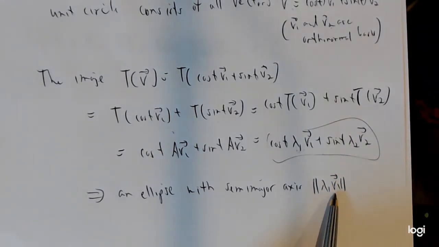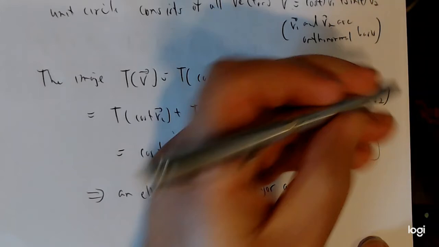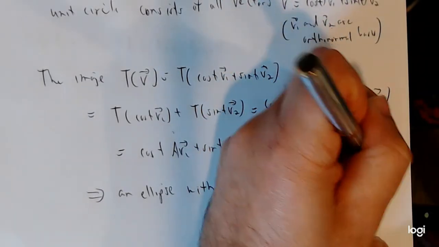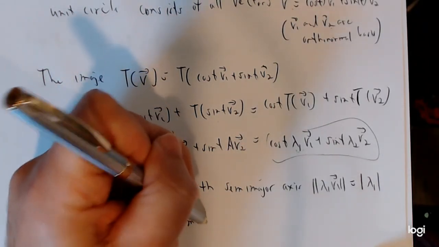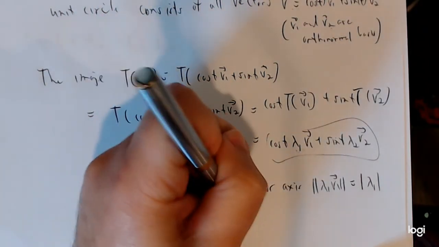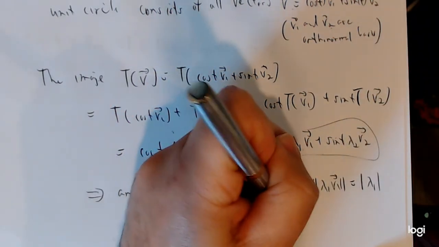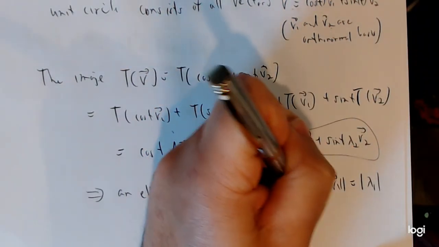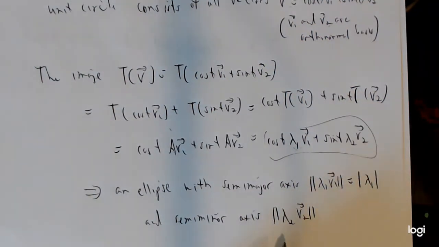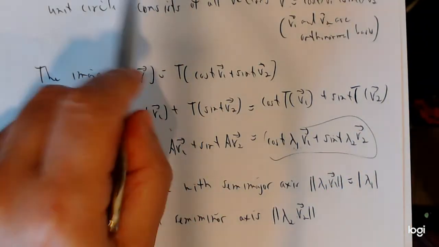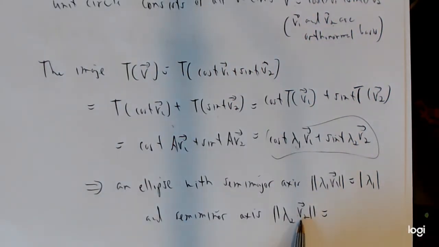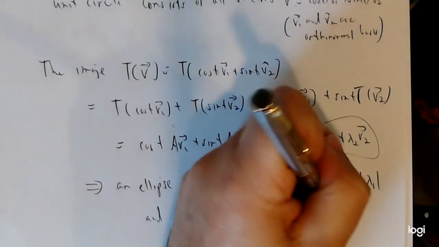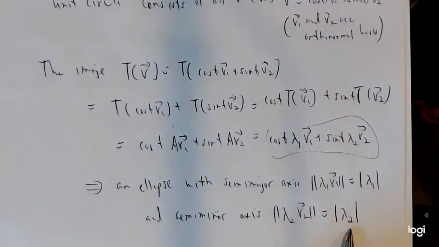Since v sub 1 is a unit vector, it just becomes the magnitude of lambda sub 1. And the semi-minor axis would be the magnitude of lambda sub 2 v sub 2. You're starting to see why it's nice to have an orthonormal basis, or to make the orthogonal matrix orthonormal, since the magnitude of v sub 2 once again is 1, which just gives me the absolute value of lambda sub 2.